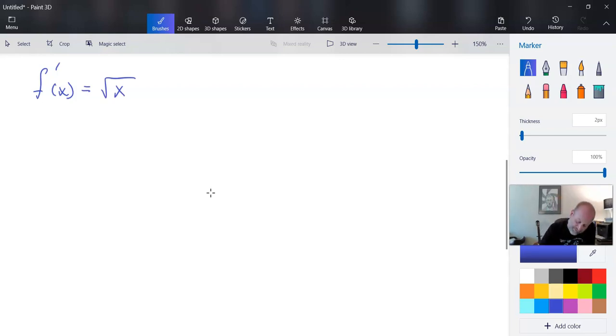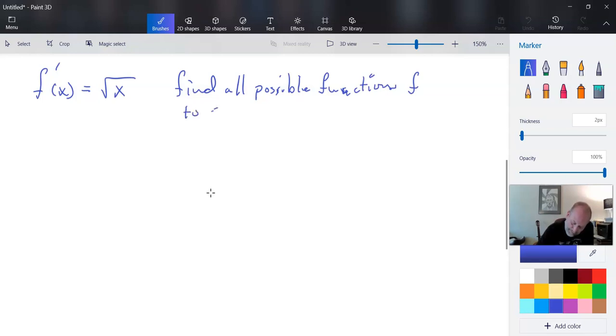So let's see if you can find all possible functions f to satisfy. Right? And functions are very satisfying.